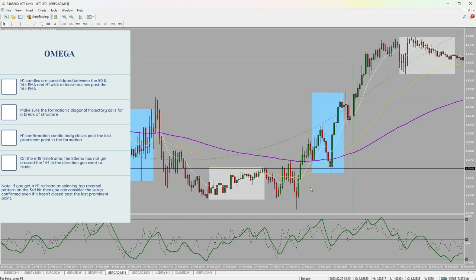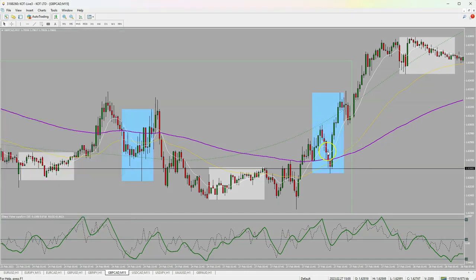This is another rule that's the same as Killer Crossover. So since we're looking to buy this, we want the 50 EMA, which is the gold line, to still be under the 144 on the 15-minute time frame when we take the entry. Other than that, you just wait on price to come down and grab the 50 EMA.